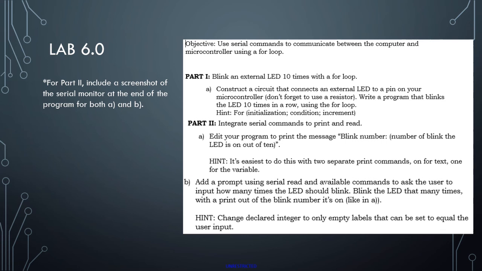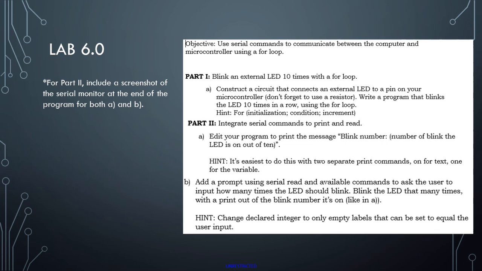The second section of part 2, part B, is adding a prompt using your serial read and available commands to ask the user how many times the LED should blink. So before, we were automatically having it blink 10 times, then we were adding in a message, printing what number blink it was on.